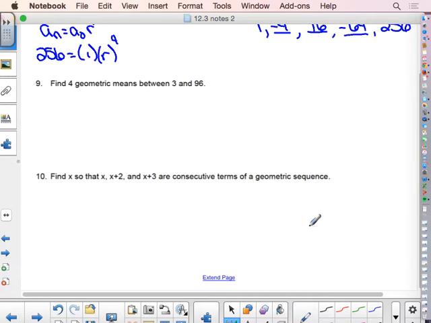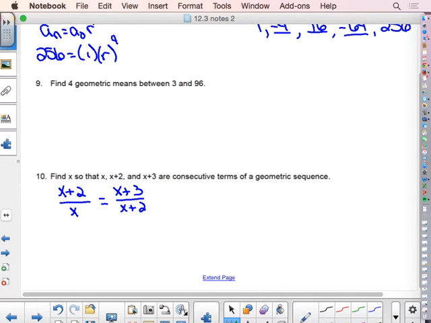So we want to take a look at an equation involving those consecutive terms. So x plus 2 divided by x is equal to x plus 3 divided by x plus 2. So the common ratio between the second and first term and the common ratio between the third and second term should be the same.